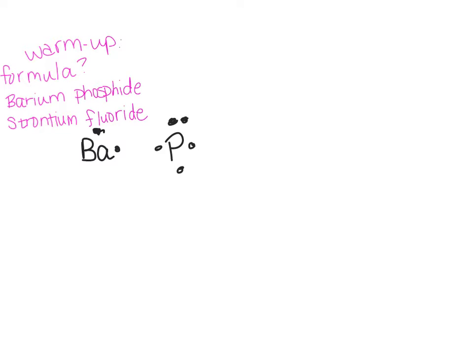And then we had to figure out how this is going to work, right? So starting with that, you have barium. He's able to give away both of his valence electrons, so he's good. However, phosphorus still needs something, right? So we're going to add another barium into our picture to supply that other one. So this one can go right there.